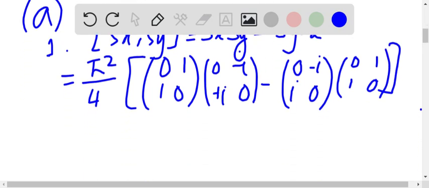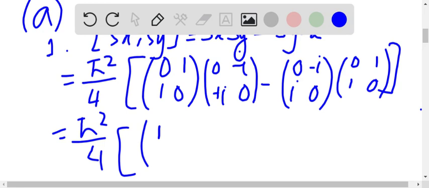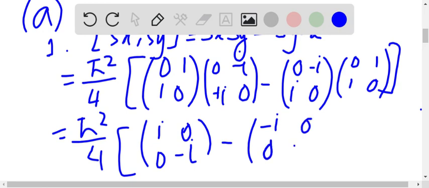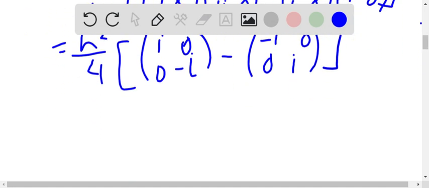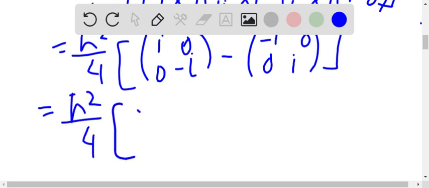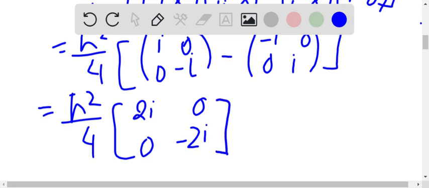So when we simplify it, we'll get ħ squared divided by 4 times [i, 0; 0, -i] minus [-i, 0; 0, i]. And when we simplify this equation, we'll get ħ squared divided by 4 times [2i, 0; 0, -2i].